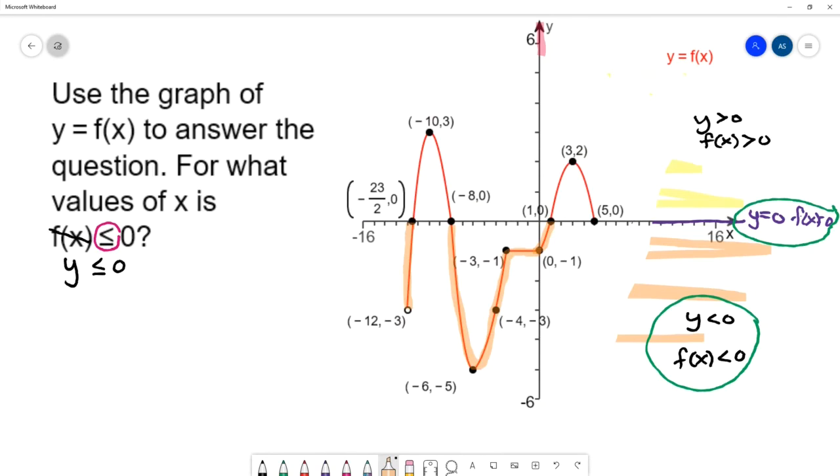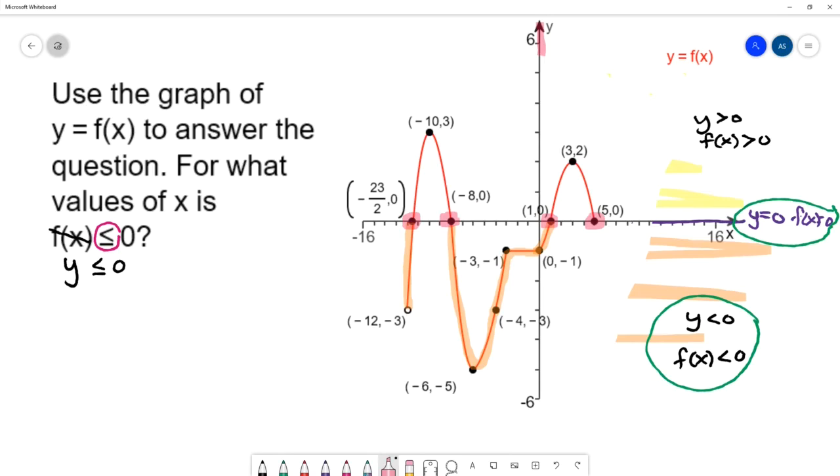And we also want all of the pieces that are on the x-axis. So let's highlight those. Let's do it in a different color. So on the x-axis would be here, here, here, and here. So these are all points that are on the x-axis. We want to include these in our answer.